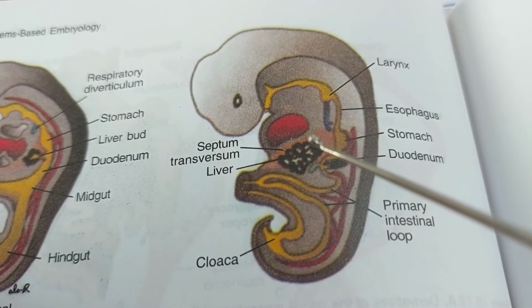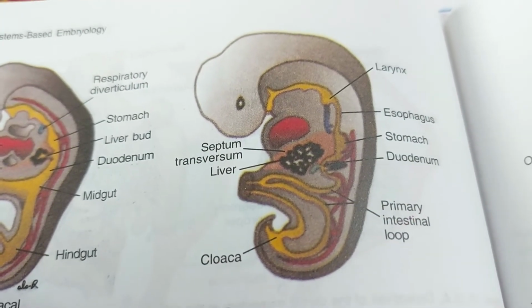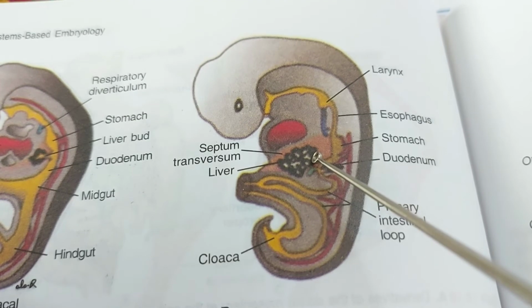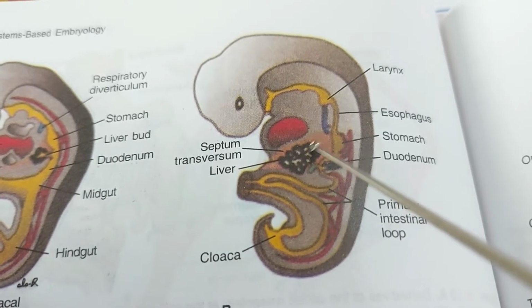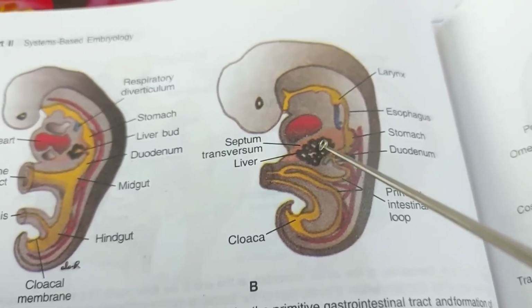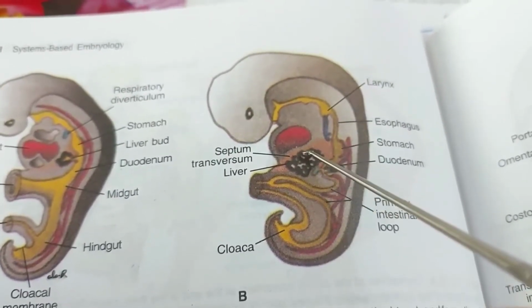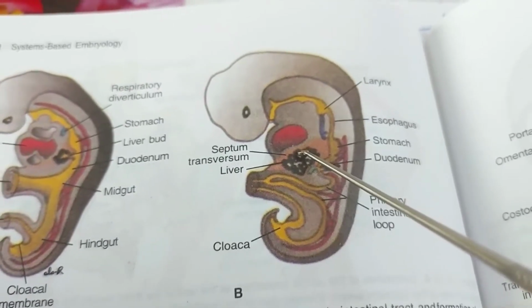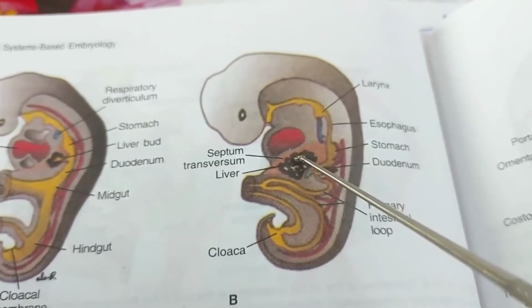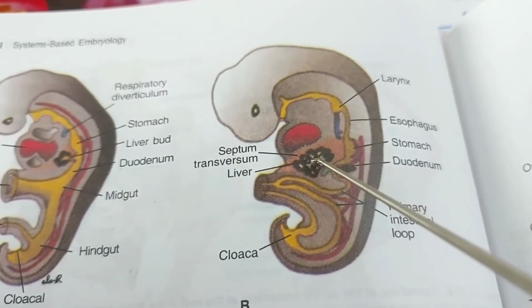During the development of the liver, the proliferation of the pars hepatica occurs within this septum, and part of the septum transversum enters into the liver and forms the fibrous stroma of the liver, and the parenchyma develops from this hepatic bud.